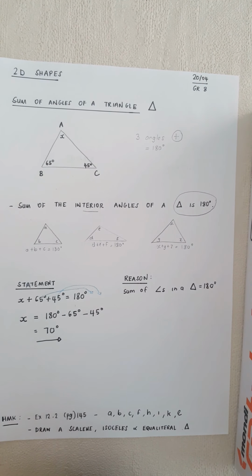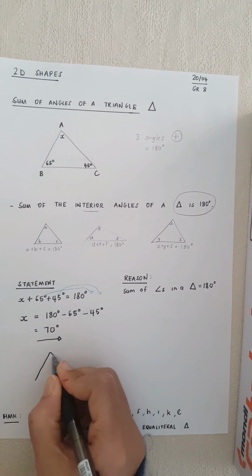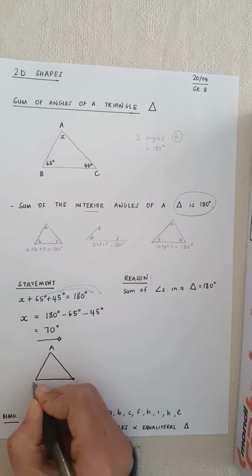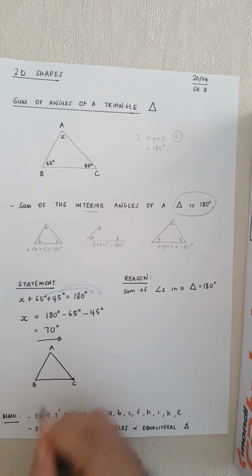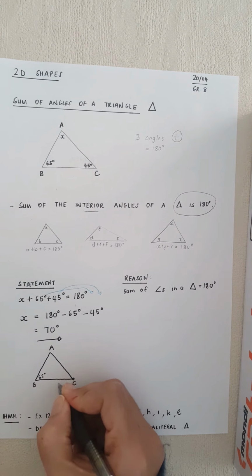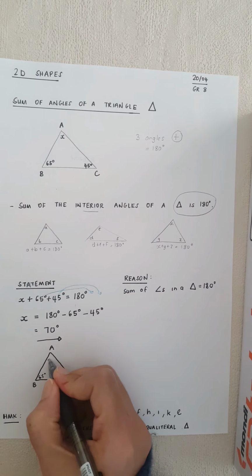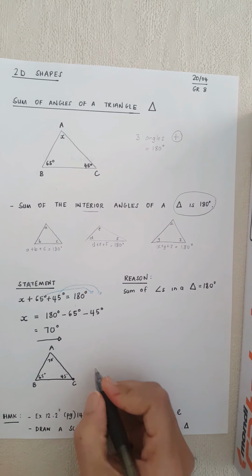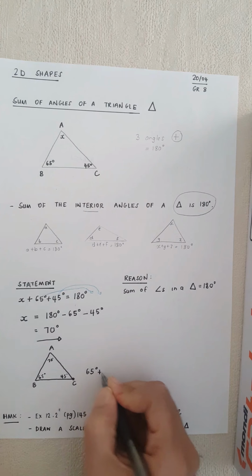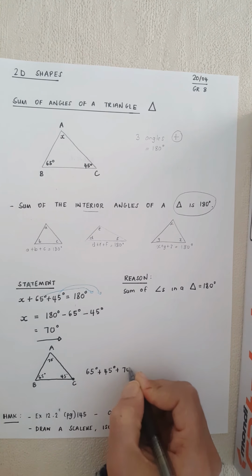Now let's test it and see whether we are correct. So I've got my triangle ABC, right? I have 65, I've got 45, and now I've said that my x is equal to 70 degrees. Let's see. Okay, so 65 degrees plus 45 degrees plus 70 degrees.